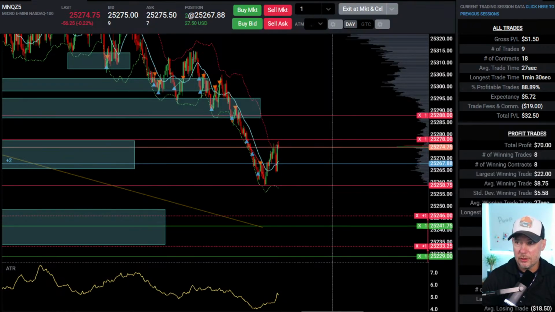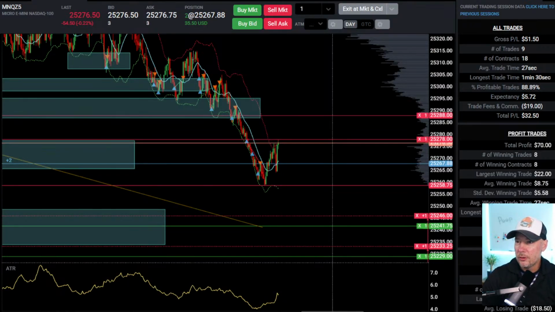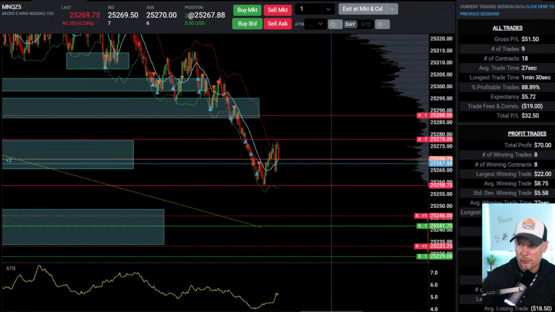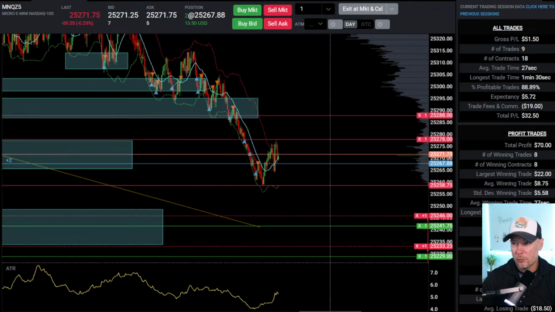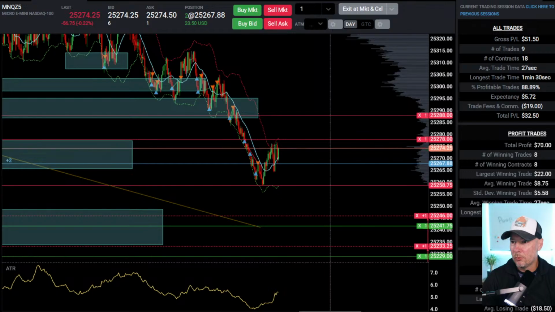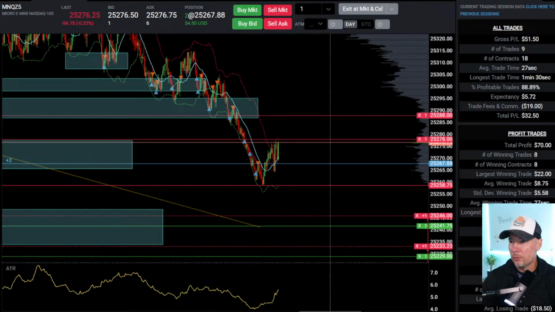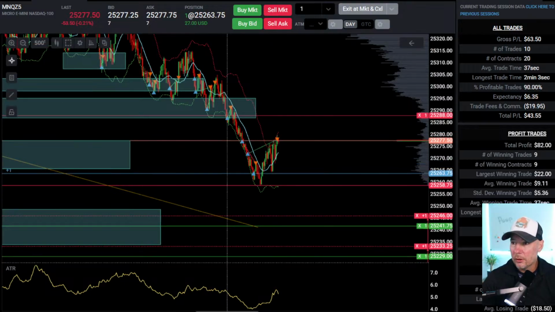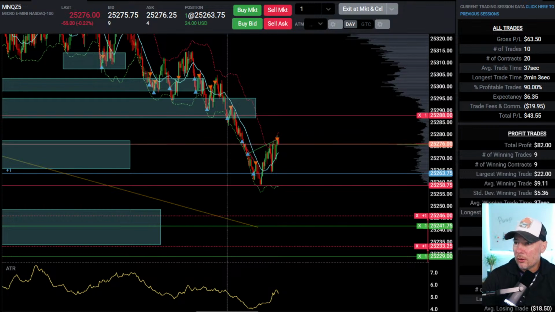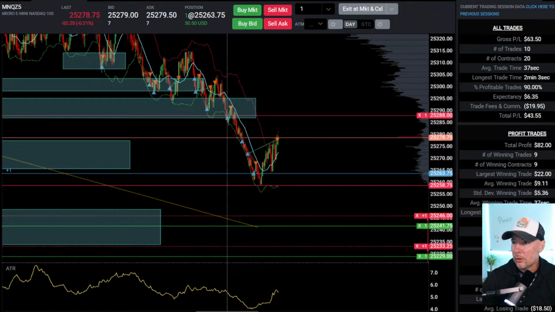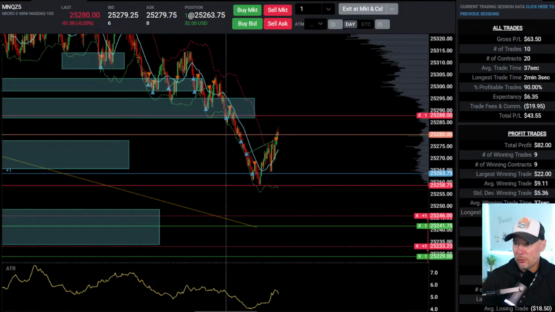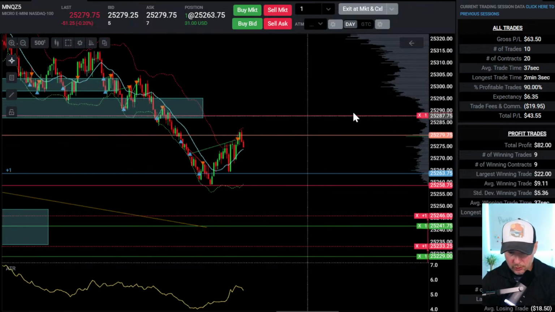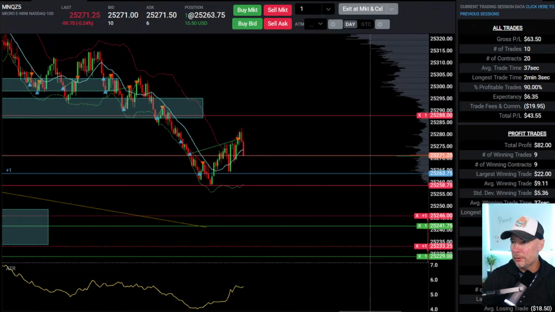I have a couple of minis here. Position. All right, two-legged pullback. Wait. Okay, nice. I have a few more here to go. Similar to this situation, how we have with micro, I have a mini there. Okay.